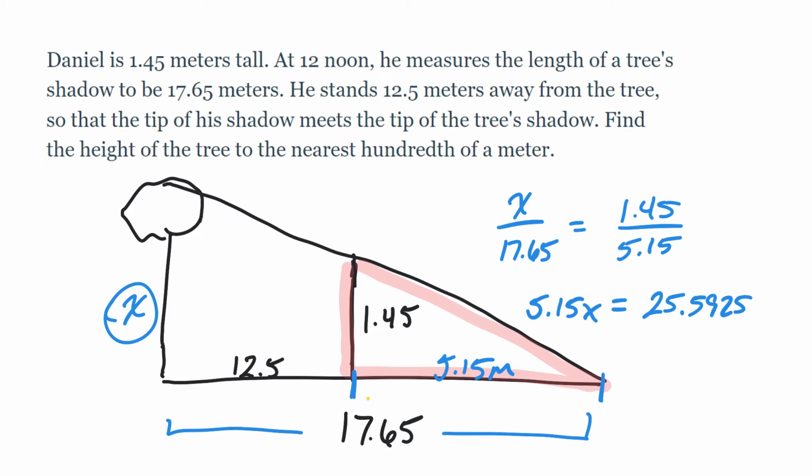We're going to take this amount and divide by 5.15. And then x equals 4.969, so it rounds up to 5.